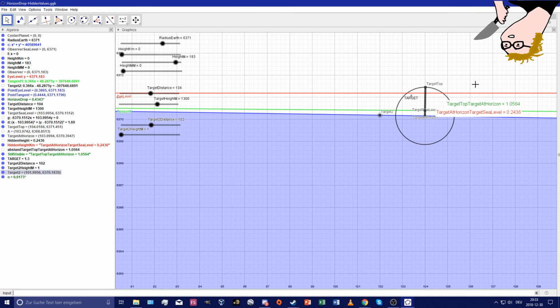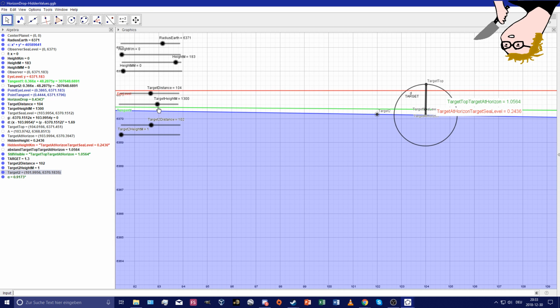Okay. How do we determine where the top of the target is? Actually, let me move this a little bit further. Actually, let's do it the other way around. Just move that one out of the way. Obviously, it's not the y value of this plus the y value of the height. Obviously, there's a tilt between the two.